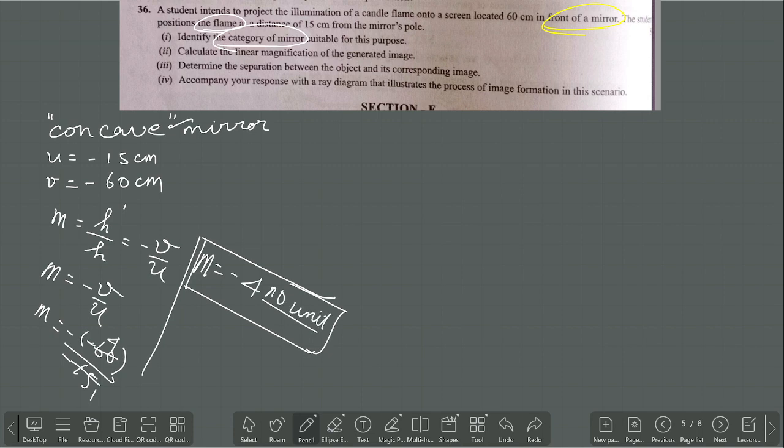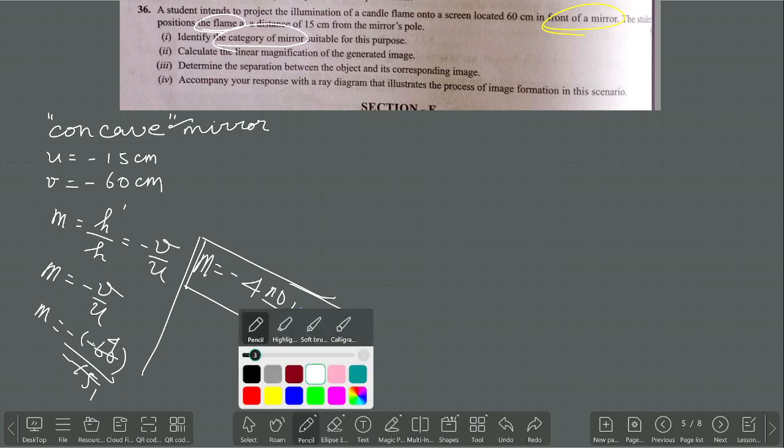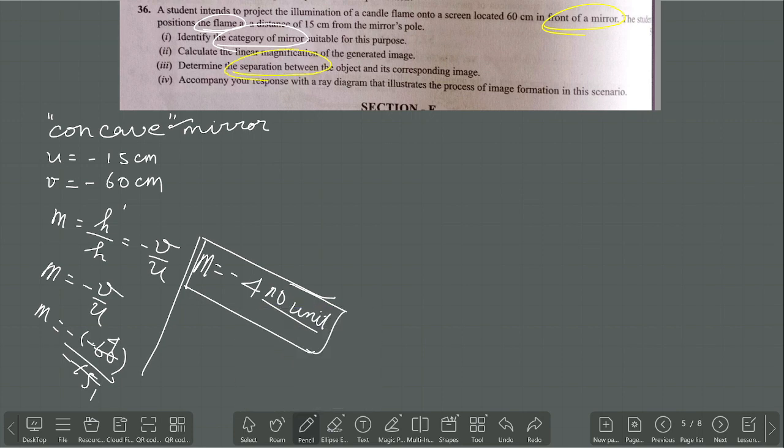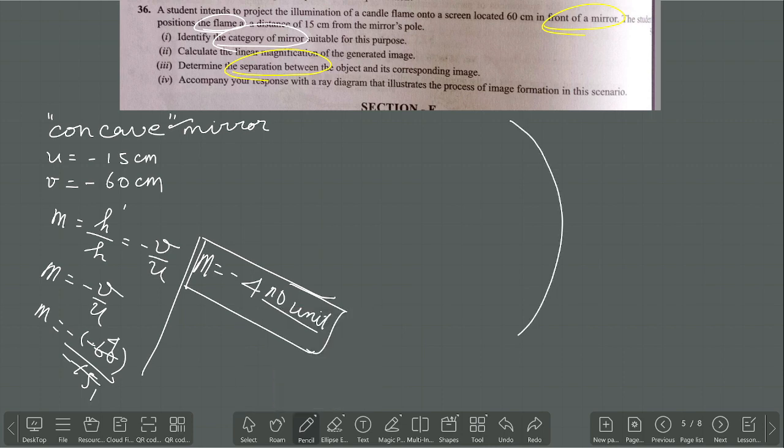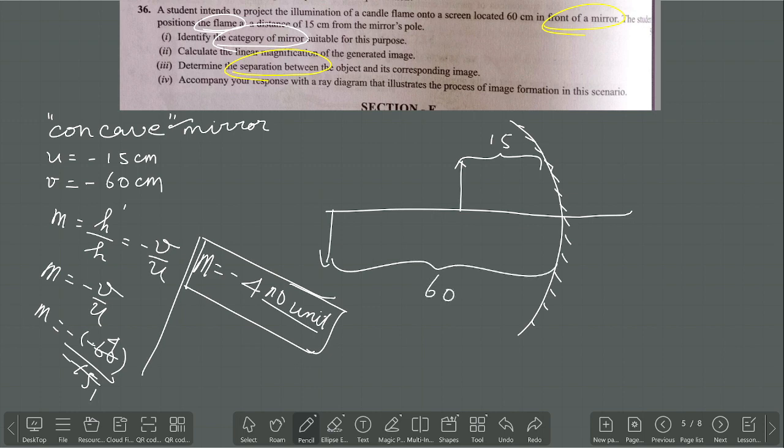Next, determine the separation between the object and the corresponding image. Separation, in the sense, they are asking about the distance. Clear? So let us draw the diagram. This is going to be the mirror, and this line we call the principal axis. Object is located at a distance of 15 centimeter. Image is formed at a distance of 60 centimeter.